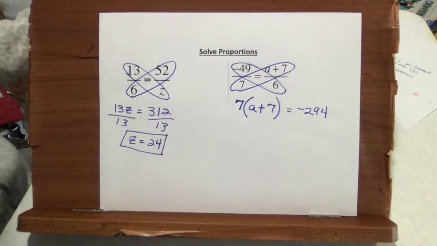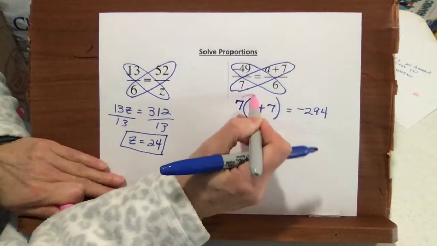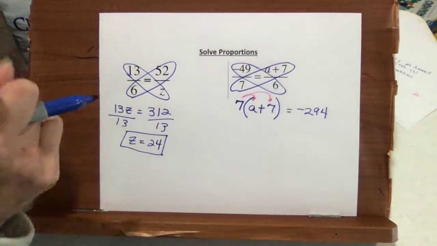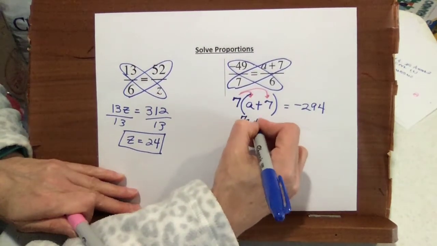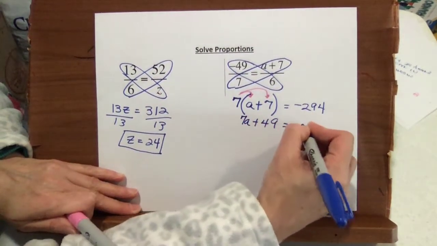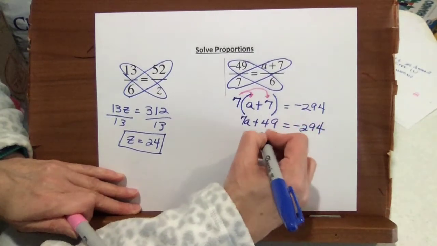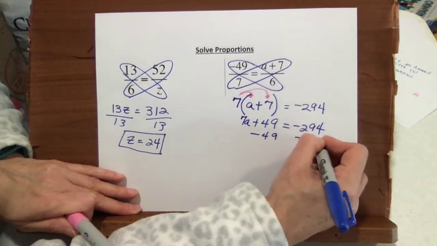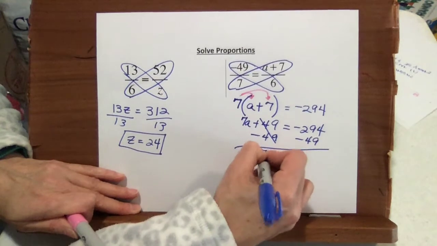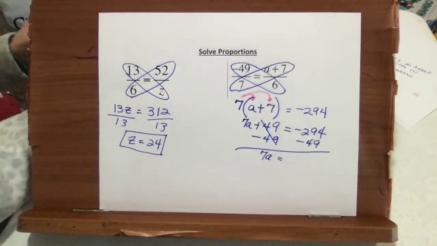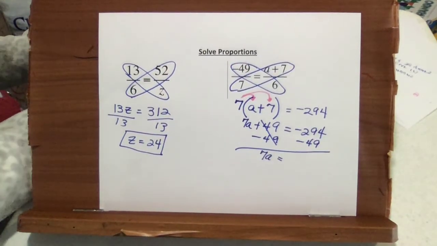All right, now here we have to do a little distribution. So 7 times a and 7 times 7. So we'll get 7a plus 49 equals negative 294. We're going to subtract that 49 on each side. We're going to get 7a equals negative 294 plus the negative 49.